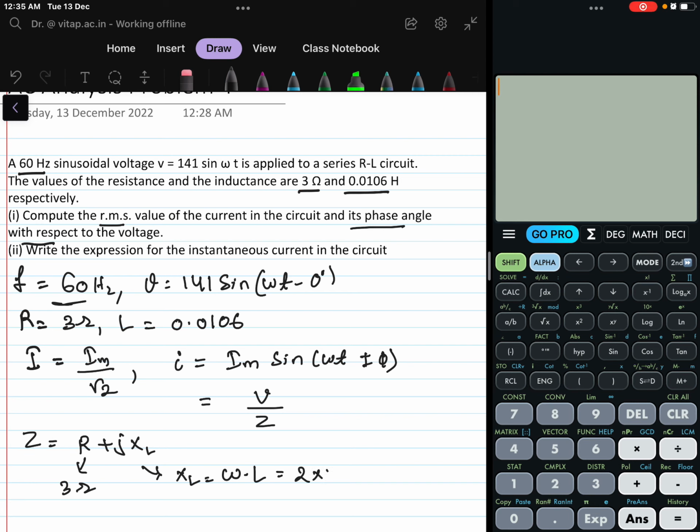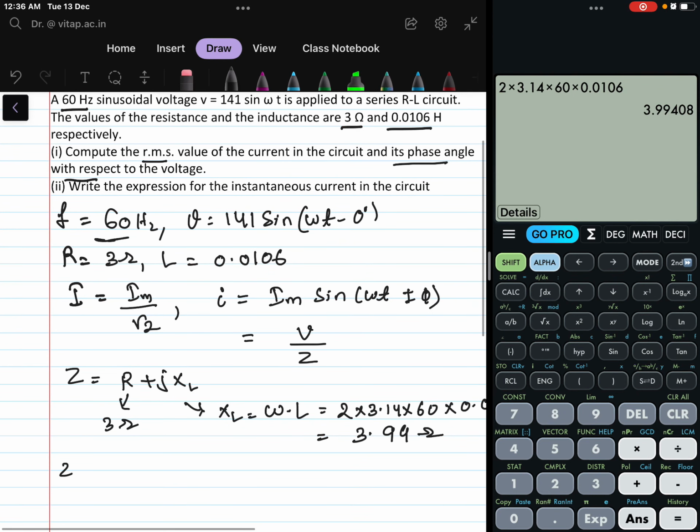So 2 into 3.14 into 60 into the inductance, which is given as 0.0106. If I calculate this value, it is 3.99 ohms.